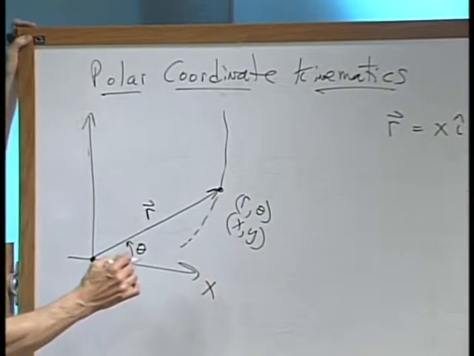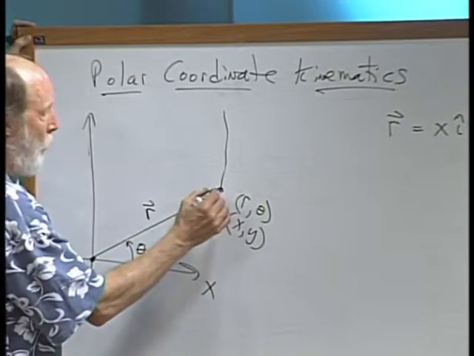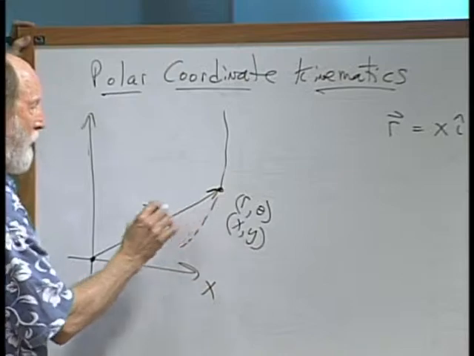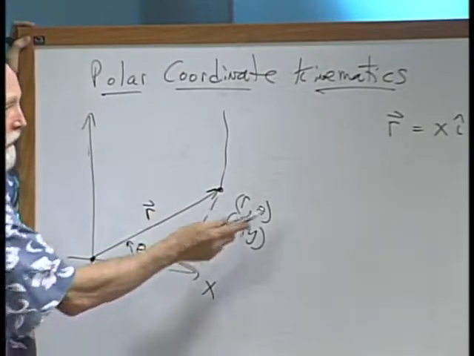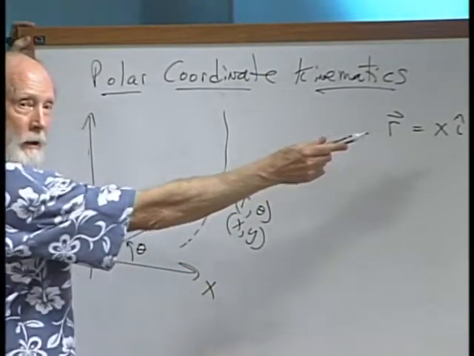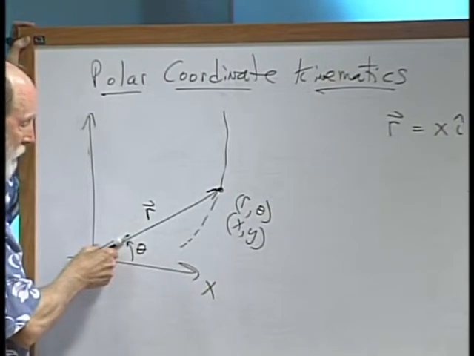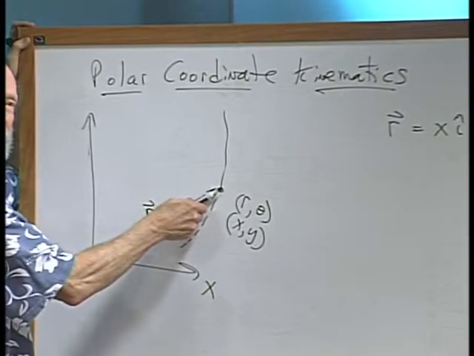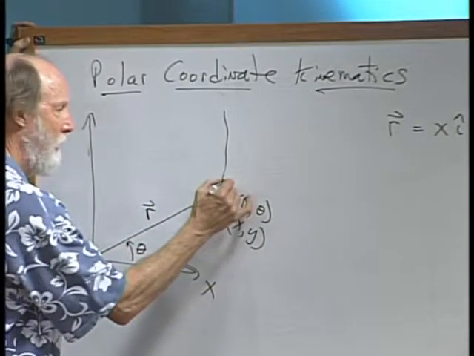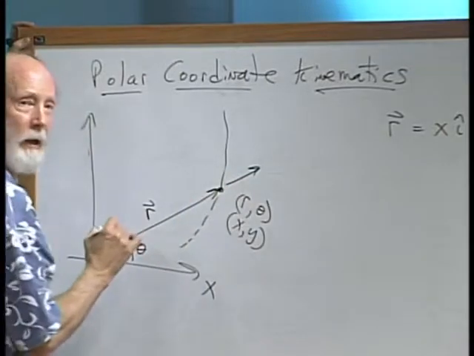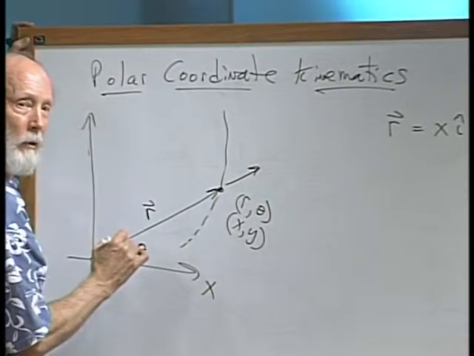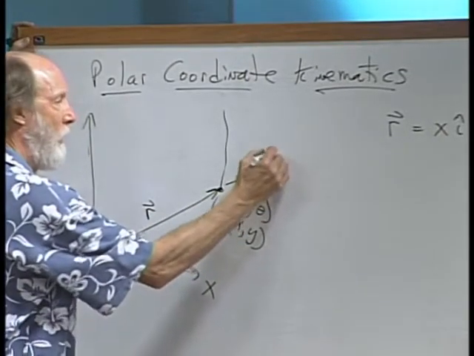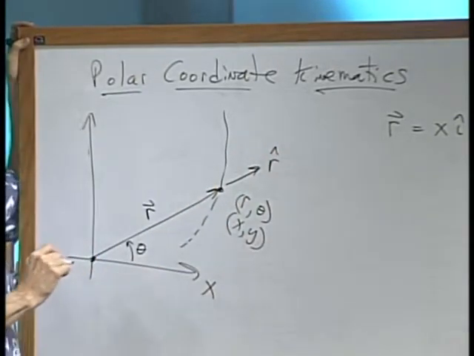If we now define a unit vector, just like we did i and j, we now define a unit vector that points in the direction from the pole to the point of interest. It's going to point out radially from the pole. And we can just define that as a unit vector.